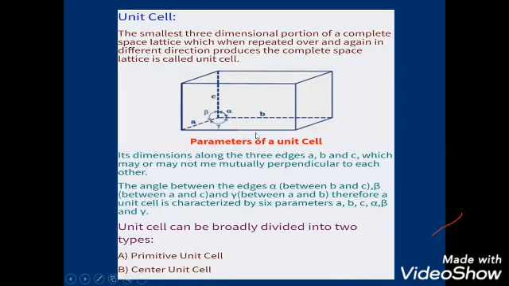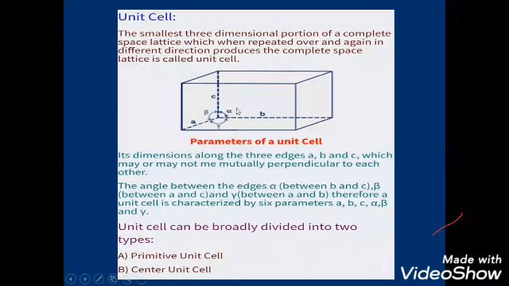Now in case of a cube, we already know what happens. Alpha is 90 degrees, beta is 90 degrees, and gamma is also 90 degrees. And in case of a cube, all the edges have the same edge length.